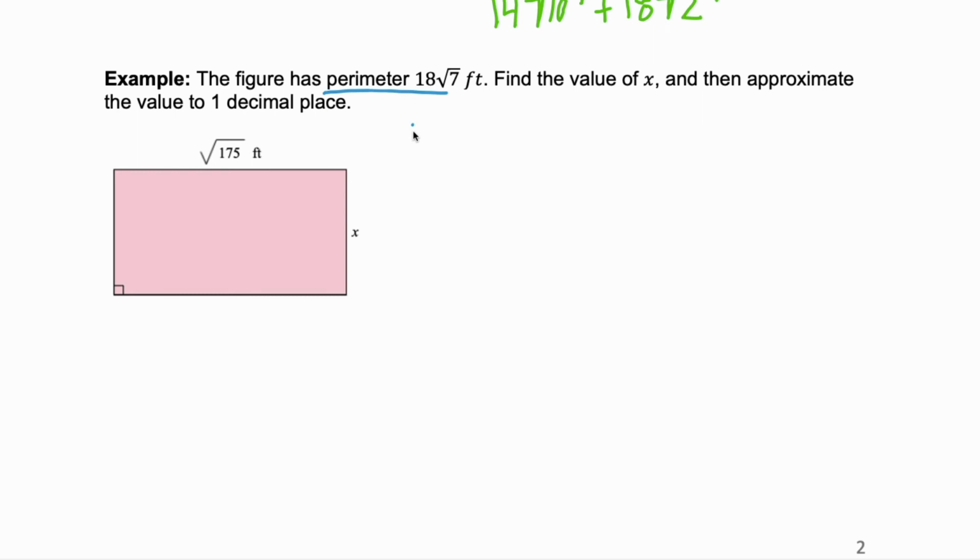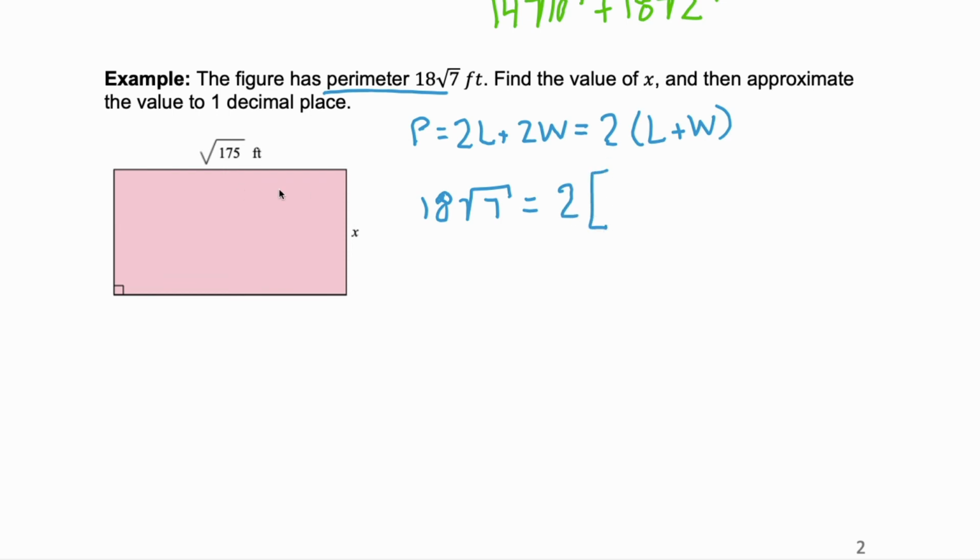Well, perimeter is equal to 2 times the length plus 2 times the width, or 2 times length plus width. Let's use this second. Perimeter, we know, is 18 times the square root of 7. And that's equal to 2 times the length plus the width.